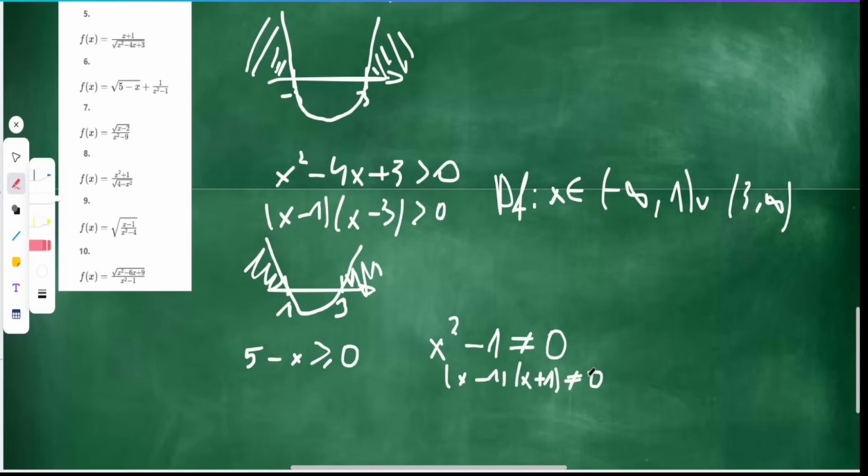Not equal to 0, so x not equal to 1, and x not equal to minus 1. Here on both sides we can add x, and it will come out that x is less than or equal to 5. What happened here with this record? 1 added x plus 0.